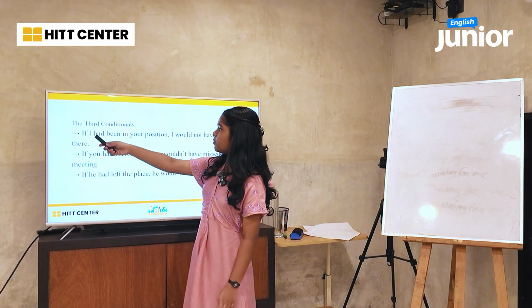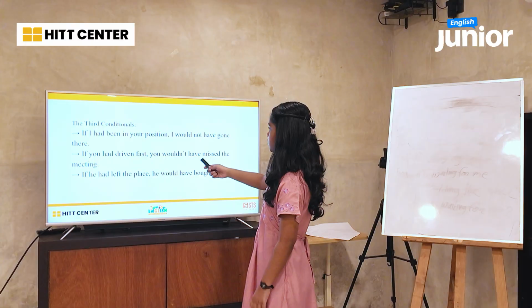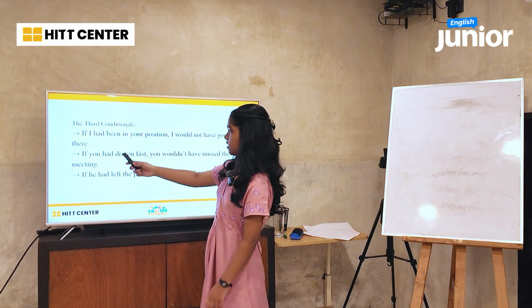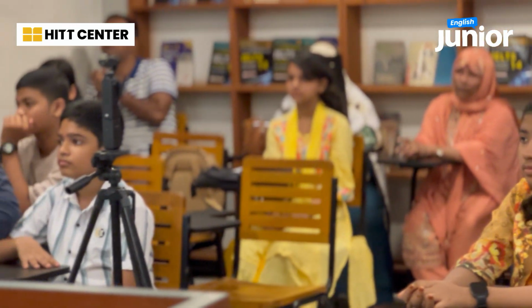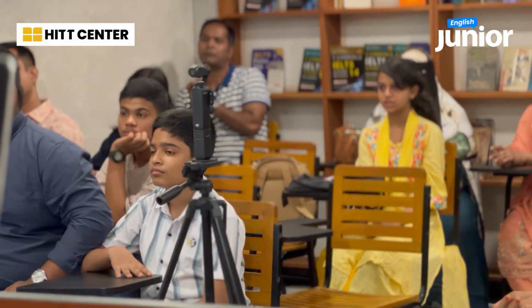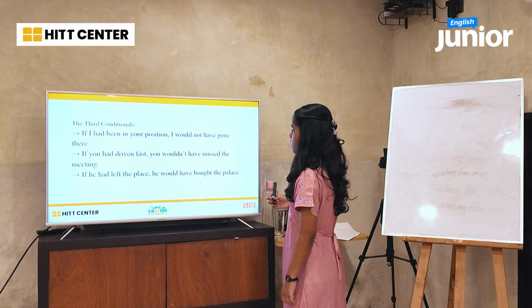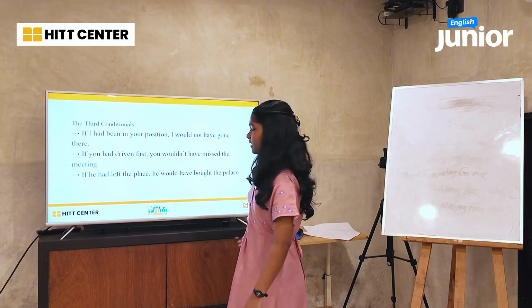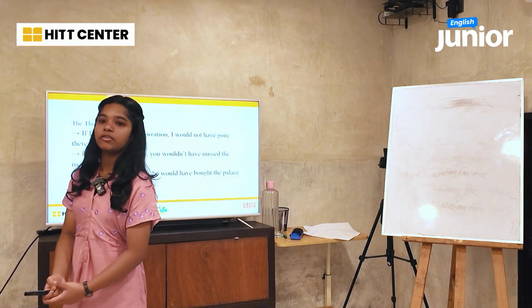So, for example, if I had been in your position, I would not have gone there. If you had driven fast, you wouldn't have missed the meeting. If he had left the place, he would have bought the palace. So does anyone have any question?